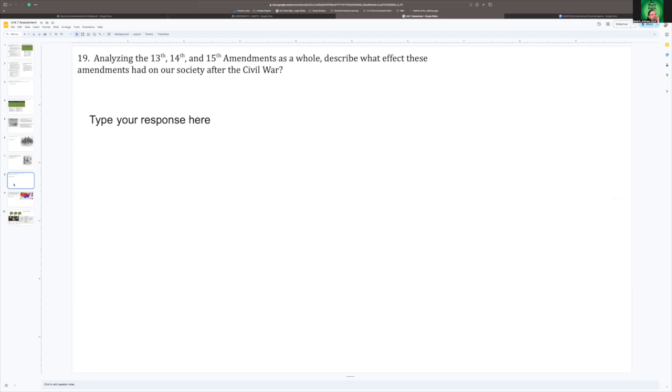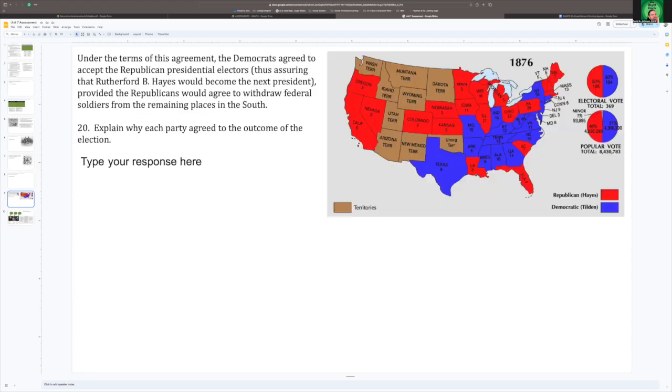I want them to analyze what effect those had on society after the Civil War. They had some good effects, but as we talked about in the Unit 7 overview a good 35, 40 minutes ago, they also had some unintended side effects. So I would expect to see kids write a little bit about some of those as well.